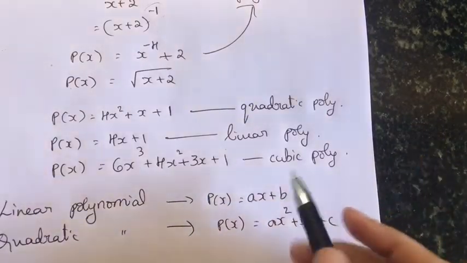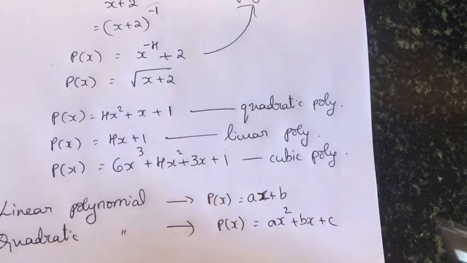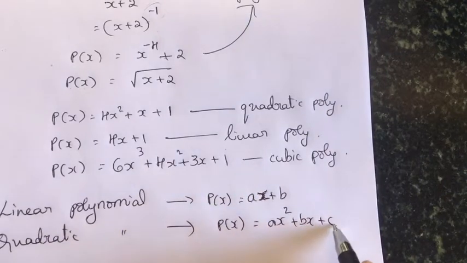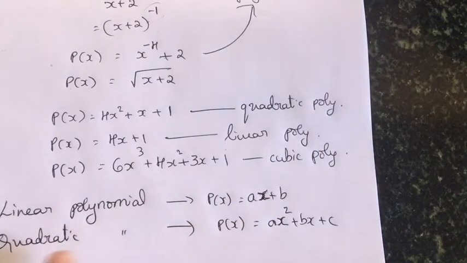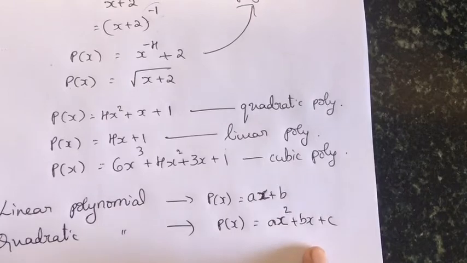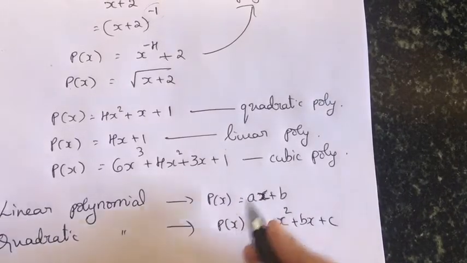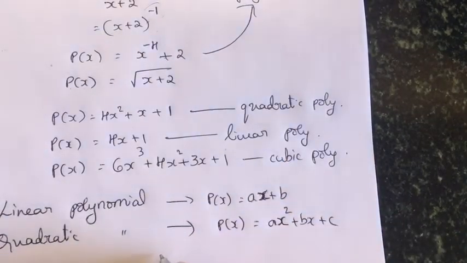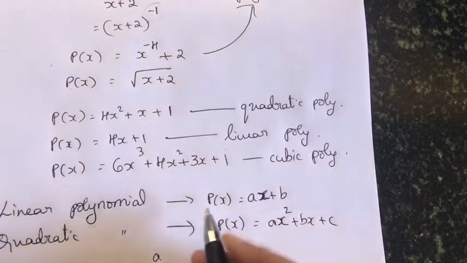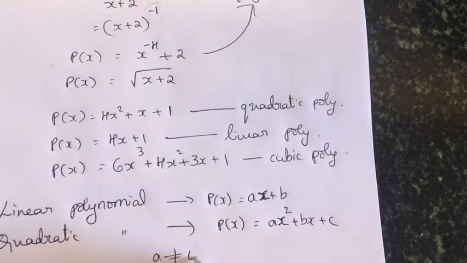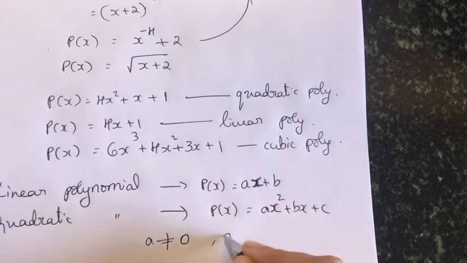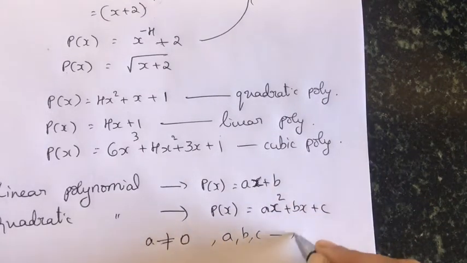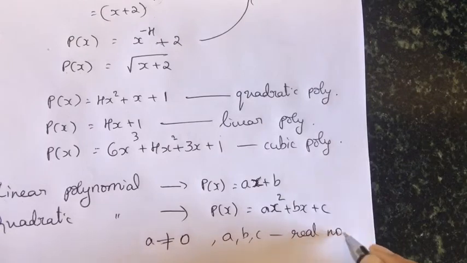In fact, they are the coefficients and x is a variable. This is a general way of writing linear and quadratic polynomials. Always remember, the coefficient of the variable, a, should not be equal to 0, and a, b, c are real numbers.